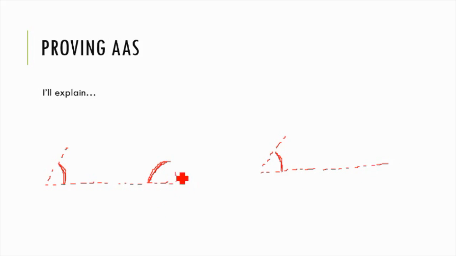Let's finish drawing this one here. So this angle on the left is congruent to the corresponding angle on the left of this triangle, and this angle on the right is congruent to the corresponding angle on the right of the other triangle.